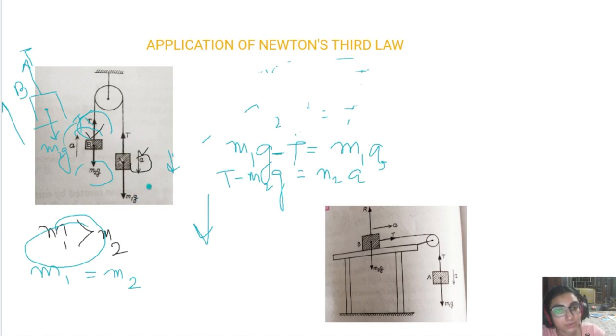So we have to subtract tension from M1G. Only then we'll get the net force. The same thing with equation 1 and equation 2. So now basically we use these equations, since T is the common thing here, to get the value of T.